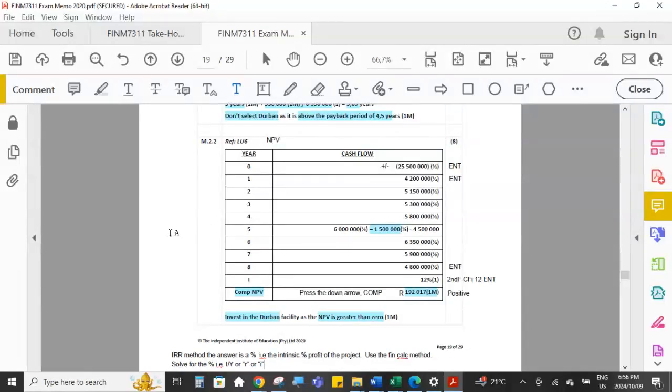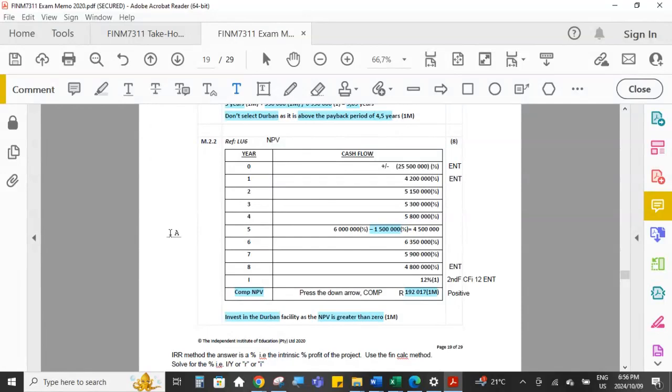Okay, so on our calculator, we're going to enter the cash flows, and only the cash flows, also using the enter button. When we've entered that last amount in your example 6.5, 135,000 rand, press enter.